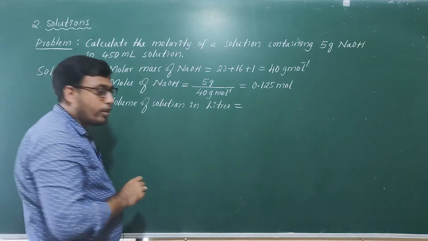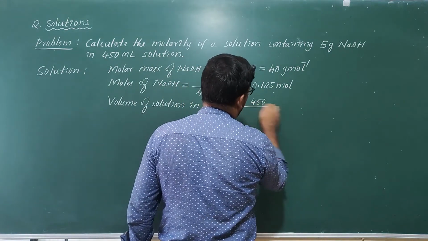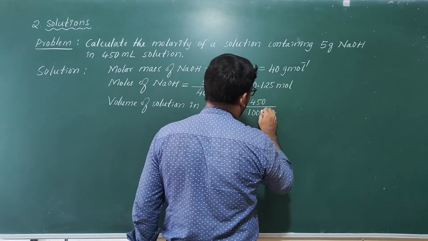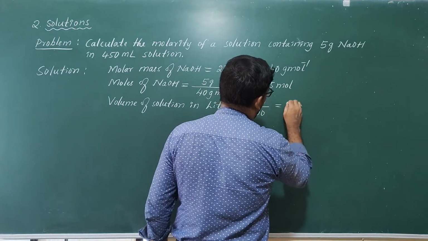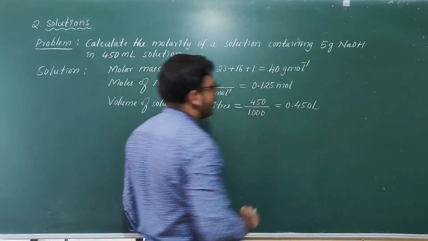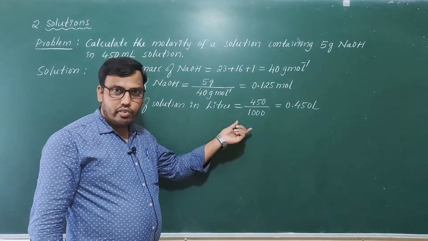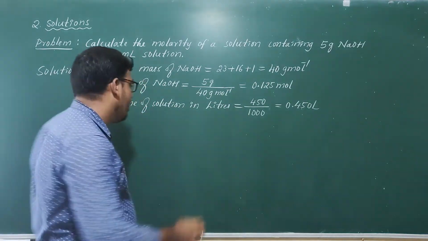So divided by 1000 you will get in liters. So 450 divided by 1000 is equal to 0.450 liters. So now we have numerator as well as denominator. Just divide it, you will get answer.